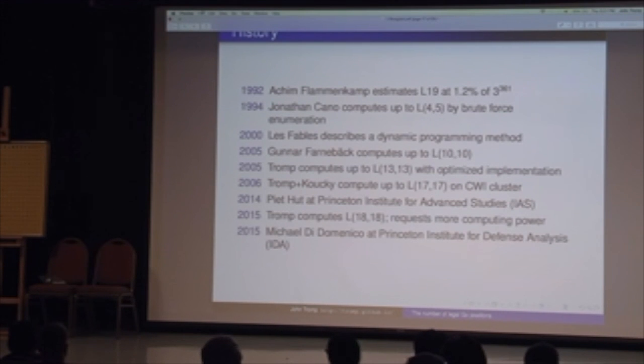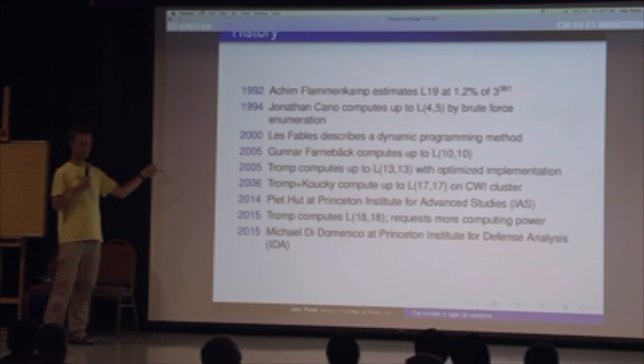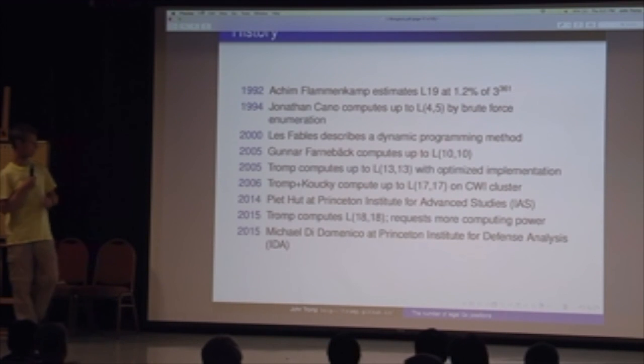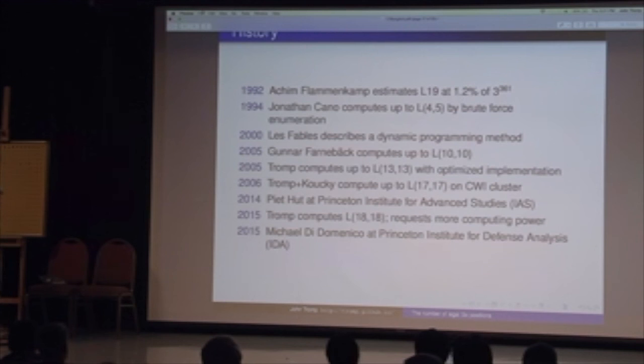No luck. Until 2 years ago, when an astrophysicist called Piet Hut at the Princeton IAS finally offered his institute's computing services to help me out. So I was very glad to take him up on his offer.